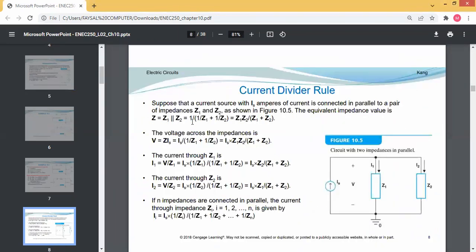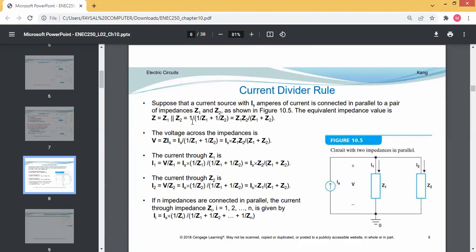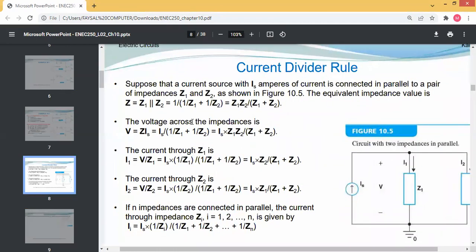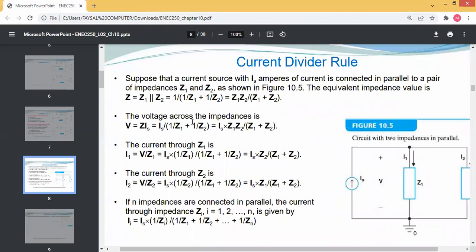Okay. Then there's the current dividing rule. There are certain formulas you have to know to find the current dividing rule. So just to revise it, how to find the current dividing rule. Suppose that a current source Is, with amperes of current, is connected in parallel to Z1 and Z2.